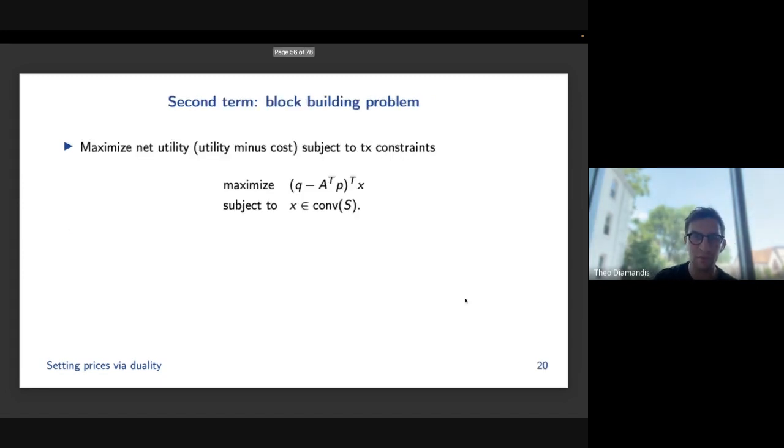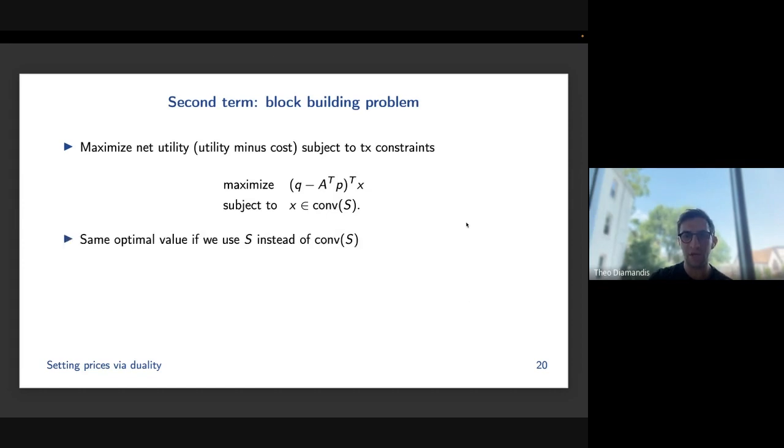Look at it a little bit more. The second term is just to maximize the net utility, which is Q, the utility, minus A transpose P, which is going to give the cost in terms of fees to the network for each transaction. And include the transactions that maximize utility subject to these being allowable transactions, which of course is exactly the block building problem.